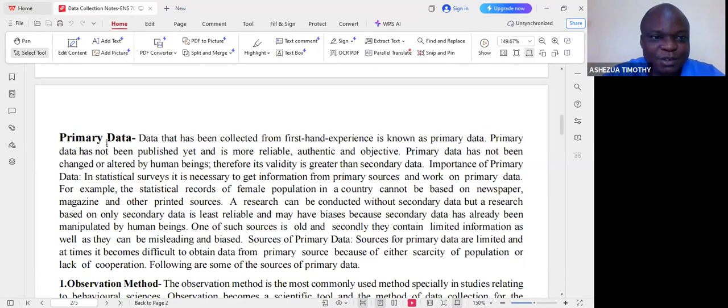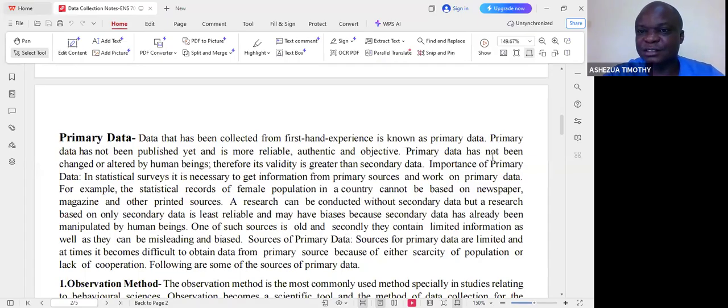Primary data. Data that has been collected from first-hand experience is known as primary data. Primary data has not been published yet and is more reliable, authentic, and objective.